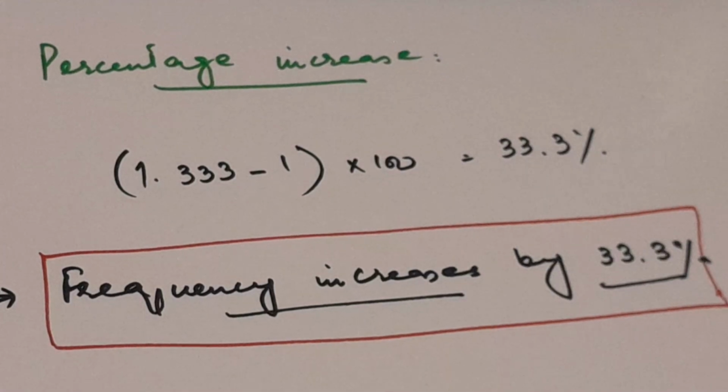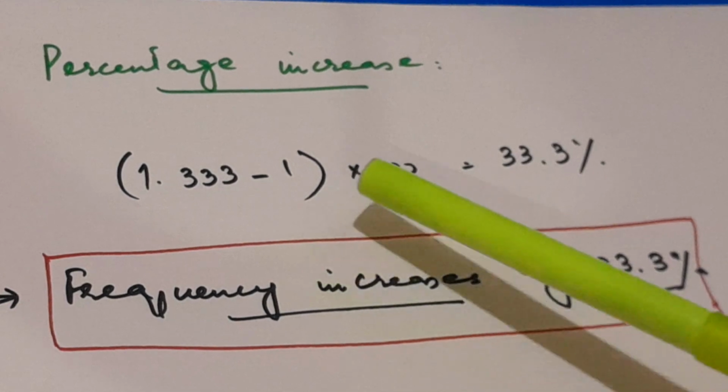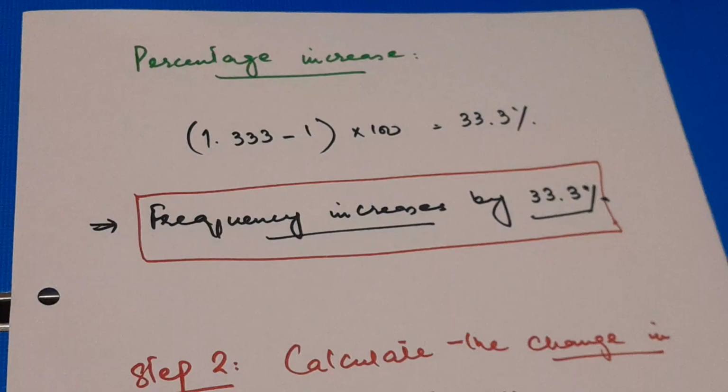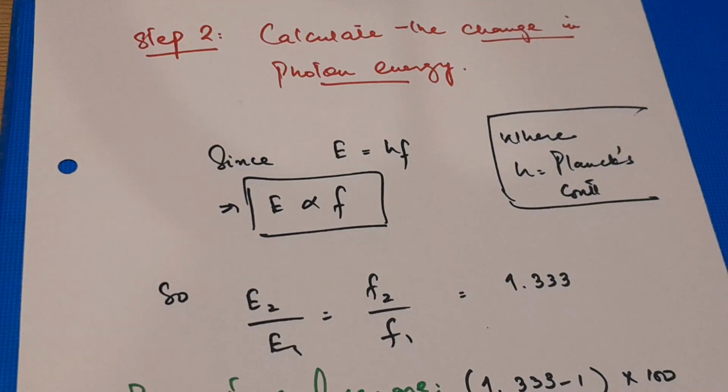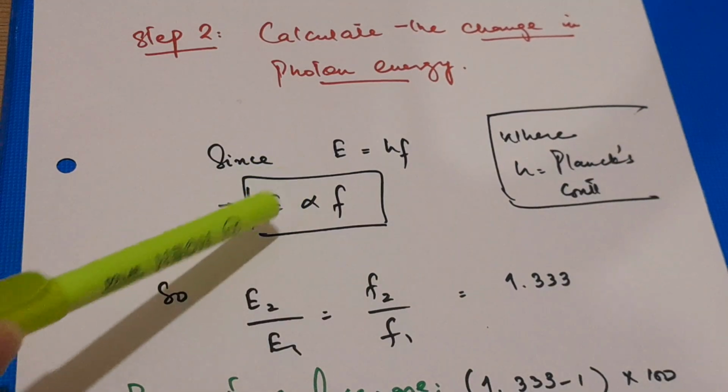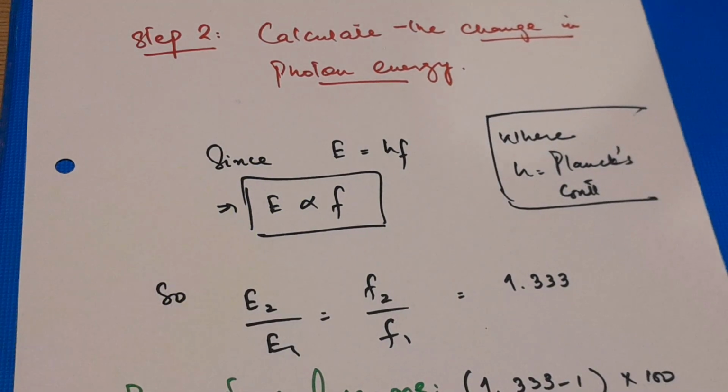And the percentage increase is determined as 1.33 minus 1 into 100, which is equal to 33.3%. So the frequency increases by 33.3%. Now the next step is to calculate the change in photon energy. So here we'll use Planck's equation, which is given by E is equal to hf, where h is the Planck's constant and it is constant itself.